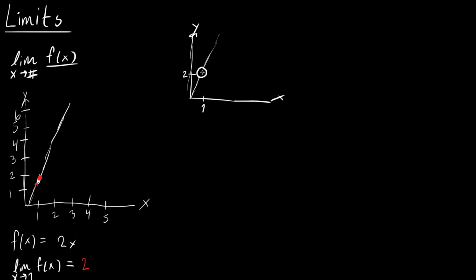And this hole only exists at that point, so now this function is a piecewise function. f of x is just 2x when x is not equal to 1.